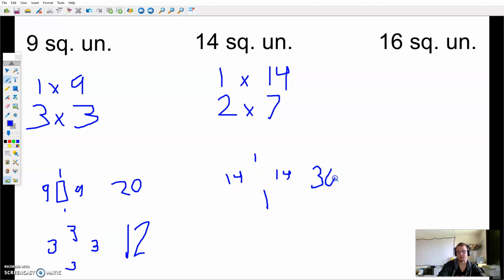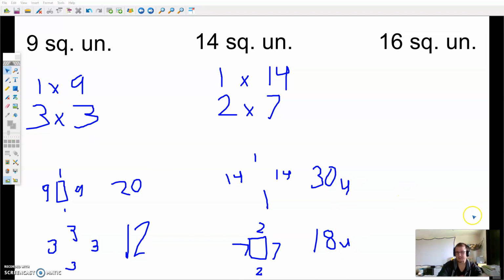So that would be a perimeter of 30. Whereas 2 by 7 and 2 by 7, now we've got 9 and 9, which would only be 18. So they have the same area, but they have different perimeters.